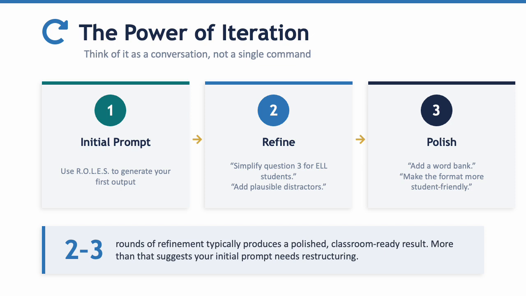After you get a response, you can say things like, make the multiple choice options more challenging, add plausible distractors, or you can say something like, simplify the language in question 3 for ELL students, or add a word bank for the short answer questions. Each follow-up narrows the output toward exactly what you need. Think of it as a conversation, not a single command. 2 to 3 rounds of iteration usually gets you to a polished, classroom-ready result.